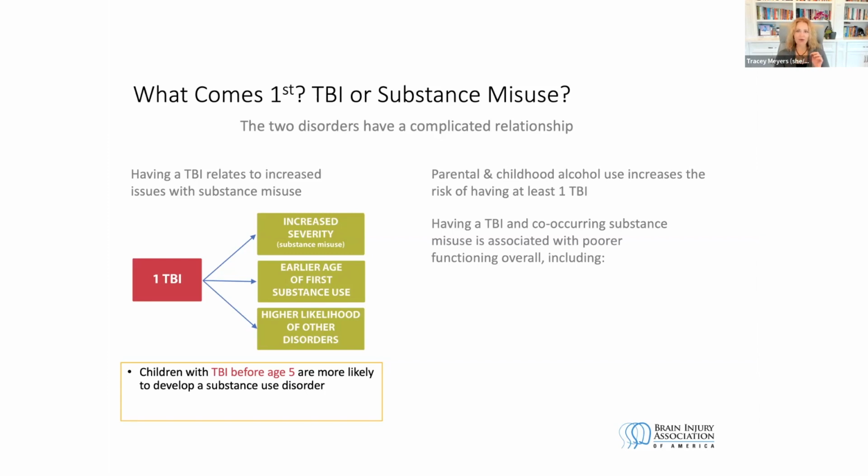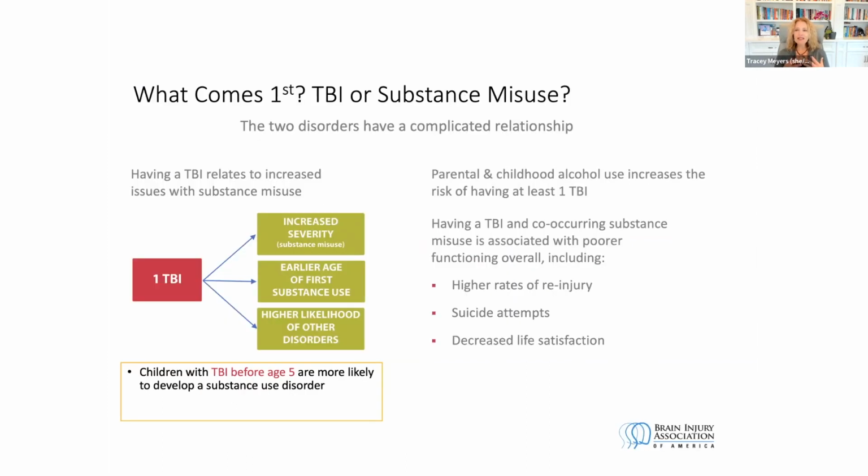Overall, and this part is probably the most important part of the whole webinar today, having a TBI and a co-occurring substance misuse disorder is associated with poorer functioning overall, including higher rates of re-injury or having a second or third TBI, a suicide attempt or suicide attempts, decreased life satisfaction.